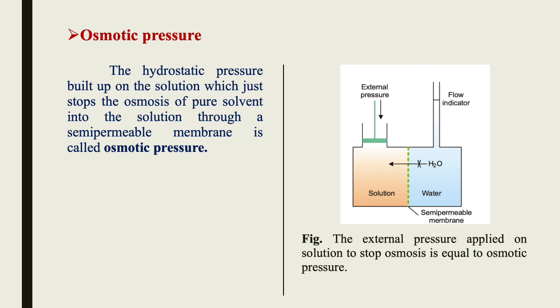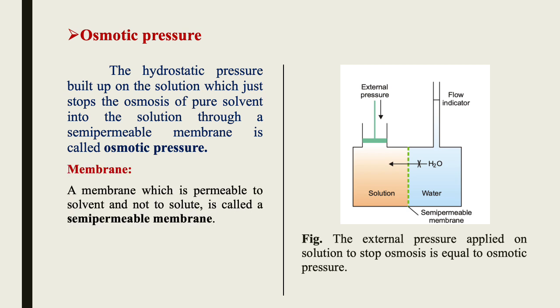There can be two types of pressure, one is hydrostatic and another is external pressure, as you can see in this figure. So what pressure are you applying to the solution? We have to apply pressure in such a way that it just stops the osmosis of pure solvent into the solution through this semi-permeable membrane. So it is called the osmotic pressure.